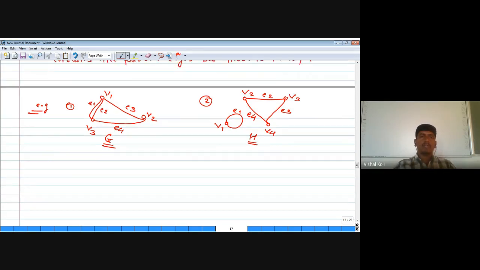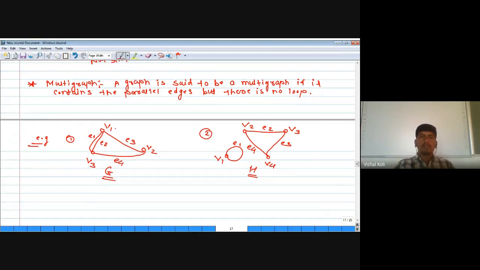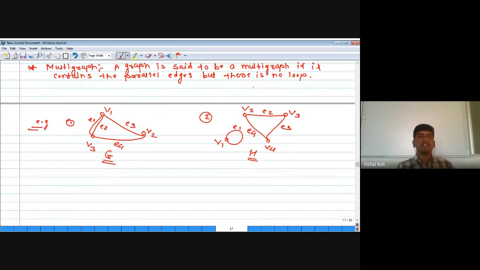By the definition, any graph is said to be a multigraph if it contains parallel edges but there is no loop. In graph G, there are two parallel edges, E1 and E2, but there is no loop, therefore graph G is a multigraph. Okay. Now, we have to see whether the graph H is a multigraph. As there is a loop at vertex V1, this H is not a multigraph.